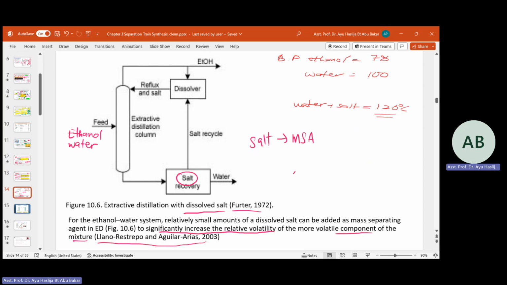So over here, the relative volatility will increase, similar to the furfural just now.